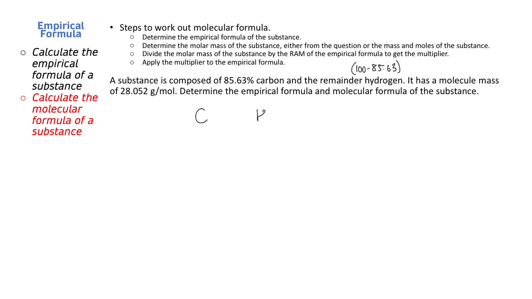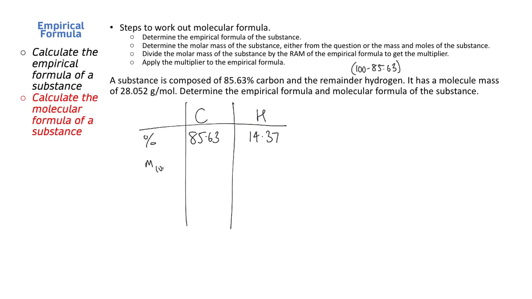So carbon and hydrogen, we're drawing our little table. The first thing we got is percentages. Okay, so we got 85.63 and 14.37. Once you've worked out the percentages, we can work out the mass in 100 grams, which will be the same value.